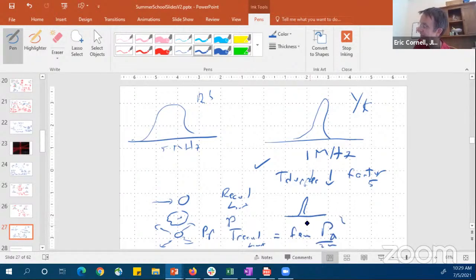And if this recoil limit is greater than our calculated T Doppler, then basically Doppler cooling doesn't work. The random walk associated with it takes me out of the linear regime. My random walk can take me away from the narrow line or across to the other side, so the whole picture breaks down if I get down to that limit.